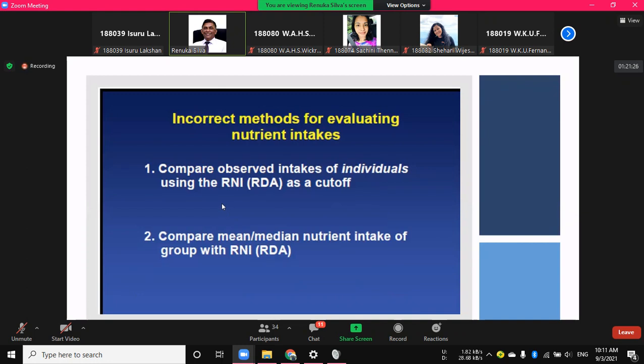Incorrect methods for evaluating nutrient intakes: comparing the observed intake of individuals using RNI as a cutoff, or comparing the mean or median nutrient intake of a group with RNI. Look at number 2. Comparing the mean nutrient intake of a group with RNI as a cutoff is wrong.